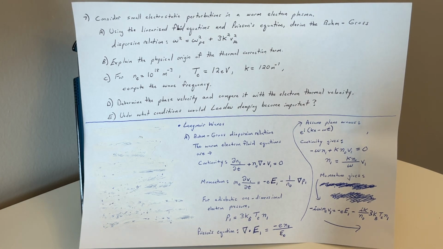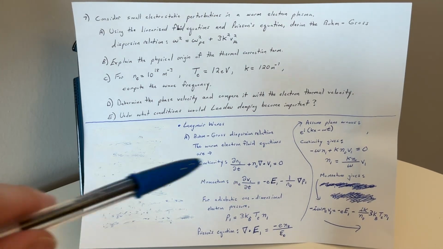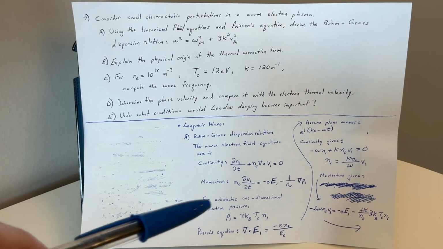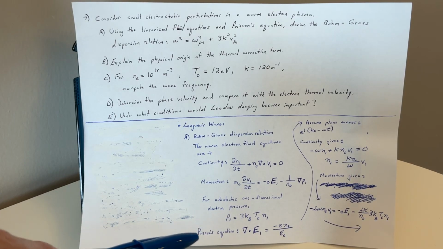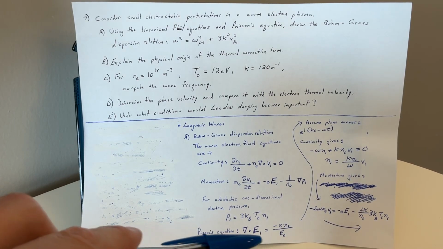I apologize again if I read something as pressure that's momentum, or momentum as pressure, because of the P-like shape of rho. My apologies, but the math is correct. Here we have our adiabatic one-dimensional electron pressure, and then Poisson's equation.